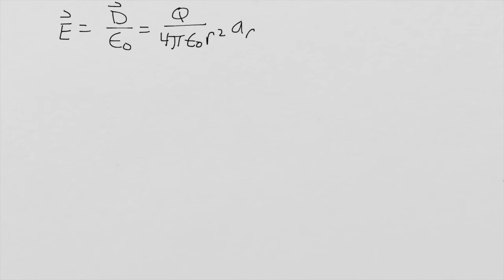Therefore, the electric field intensity is Q over 4 pi epsilon sub 0 r squared when r is greater than the radius of the sphere, and it's equal to 0 when r is less than the radius of the sphere.